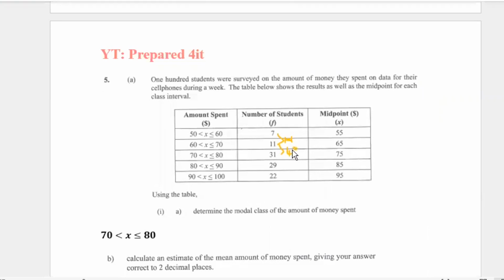Now, after this, there are 29 students, which means that since we're just looking for the 50th and the 51st quote unquote student, they would fall within this class interval, which is 80 to 90.